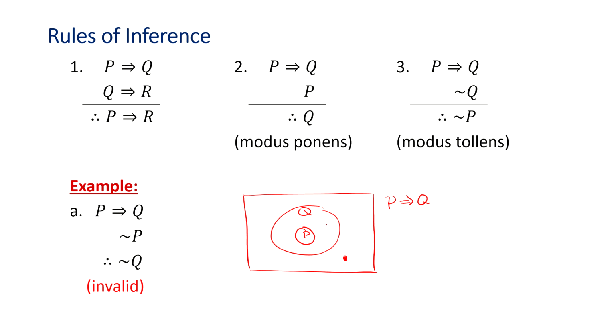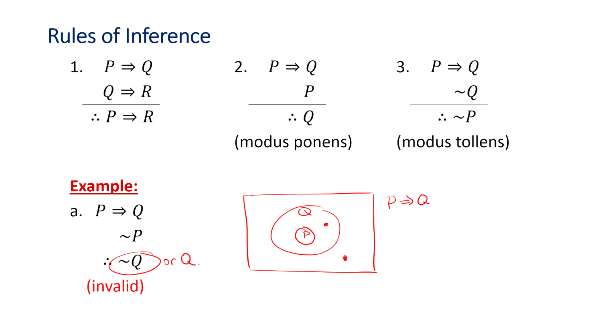You could also pick a point that's not in P but is in Q. So in terms of the logical deduction at the end, if you are not in P, there's no guarantee that you're also not in Q. You actually have options here. You could be in Q, but you could also be in not Q, and we just don't have enough information to tell.